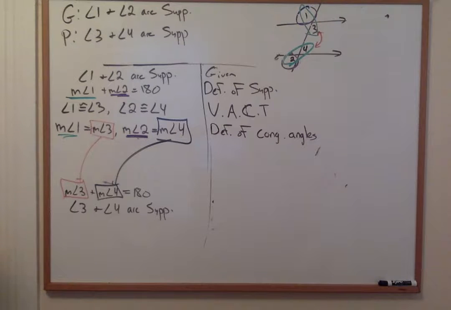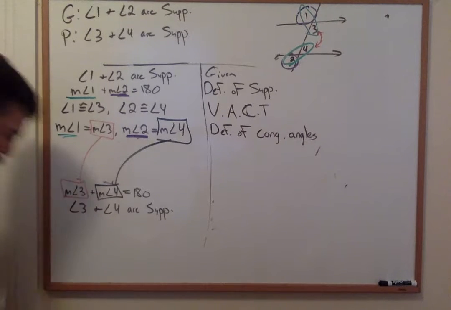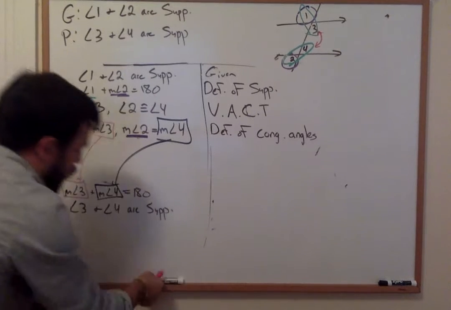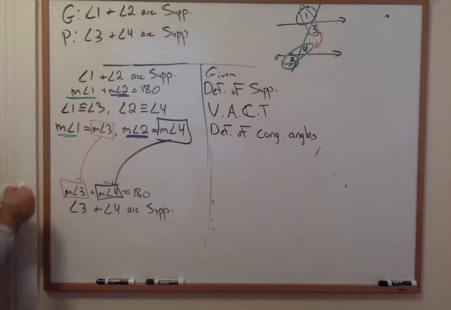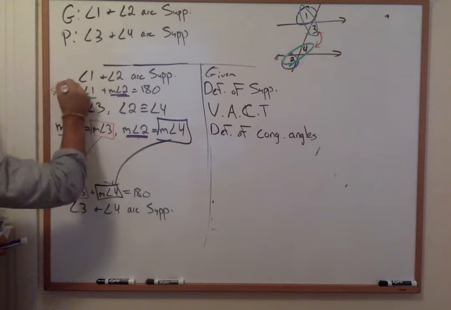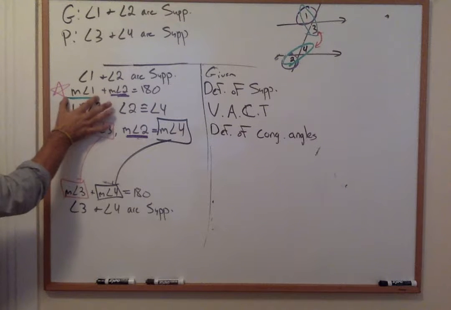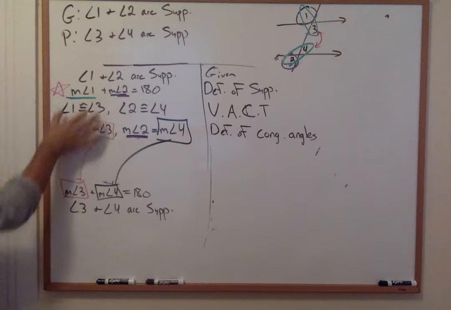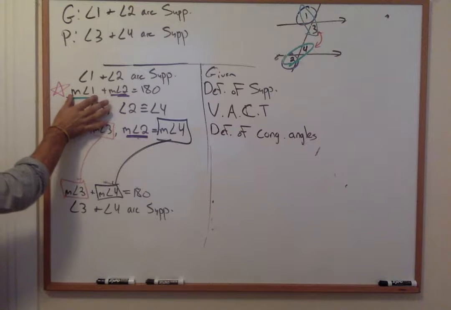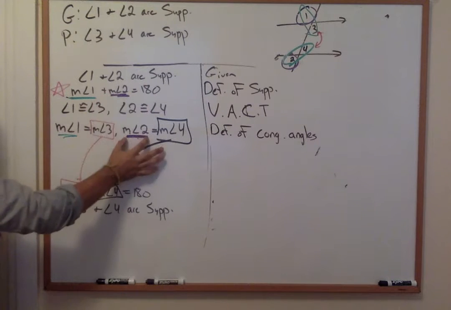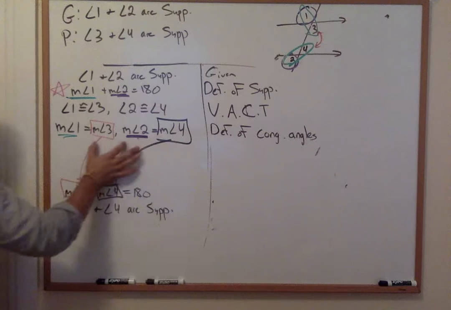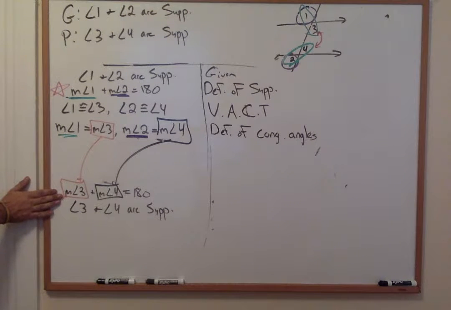So we're using one more color. Here we go. We are using this equation right here. We're using that supplementary equation. And we're replacing the measure of angle 1 with the measure of angle 3. We're also replacing the measure of angle 2 with the measure of angle 4. And we're getting a new equation: the measure of angle 3 plus the measure of angle 4 equals 180.